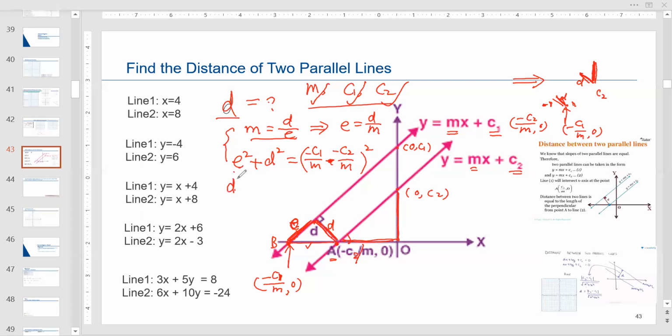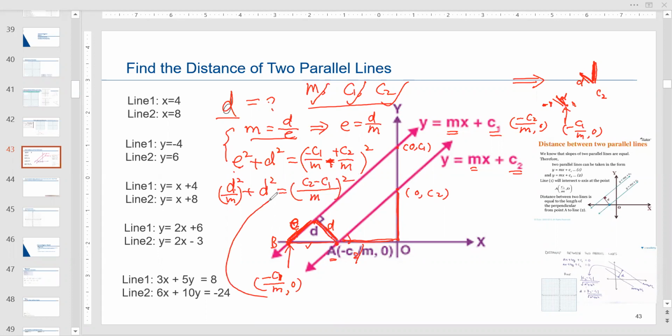So you can D square, right? E replaced by this part, plus D square, right? What's this part? This one we do proper changing. This one is minus negative C, so it became positive. So here we can C2 minus C1 M square.